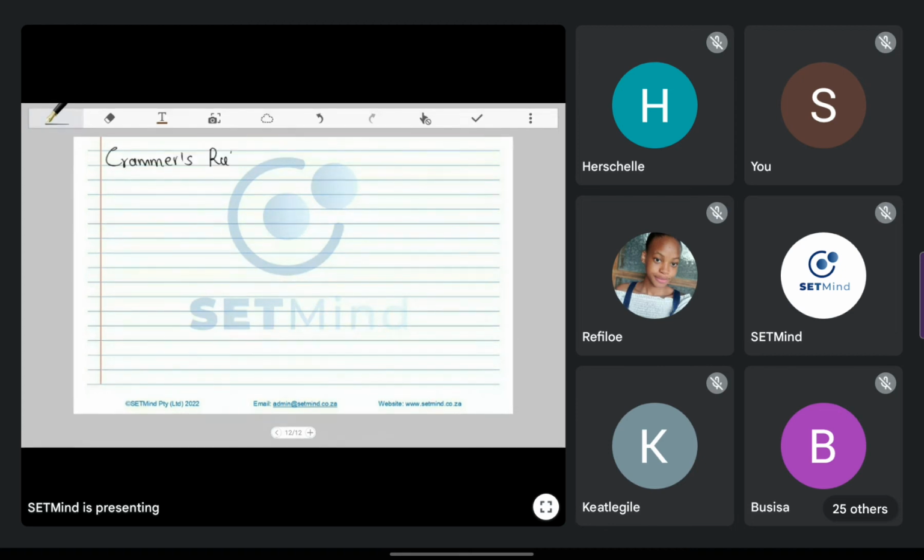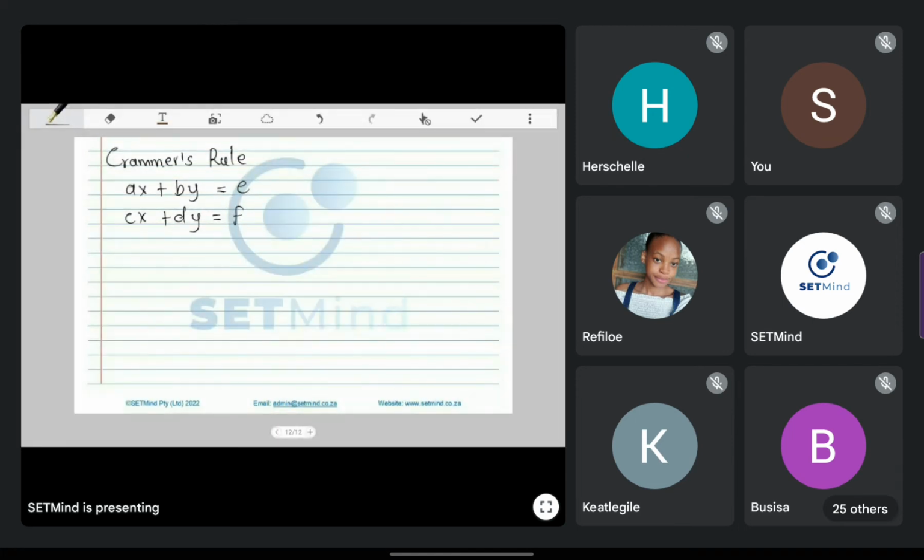Cramer's rule. So essentially, when you have an expression, let's say ax plus by, cx plus dy, equal to, let's say this is E, and this is F, and they are saying we should solve for x and y.